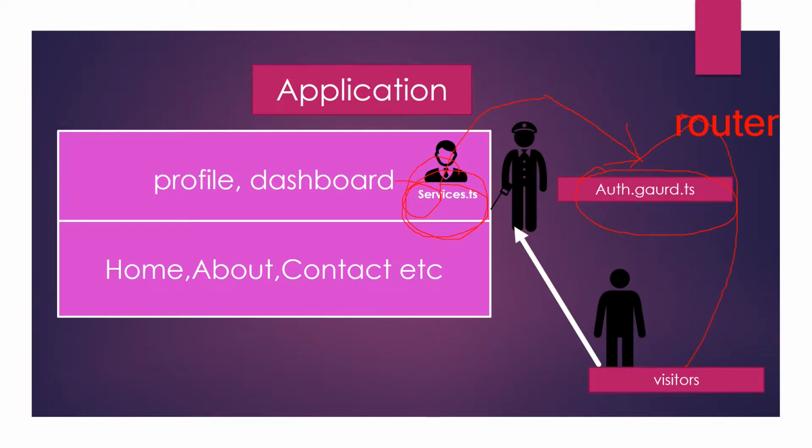Now let's get back to our real-time application, and we will be creating a new project, and I will show you how this whole AuthGuard and service will work. So stay connected and let's see further.